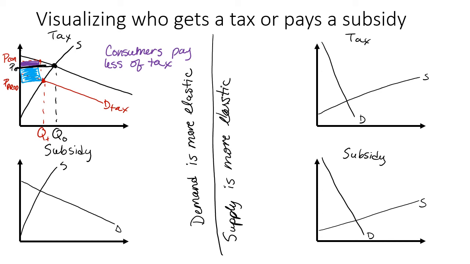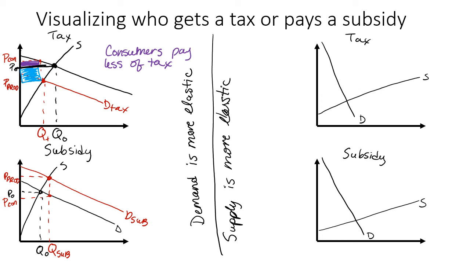Now let's see what happens if instead we were to look at a subsidy. So subsidy would make our demand curve increase like this. Our initial equilibrium was here. Our new equilibrium is here. And we'll need to look at both of those points. So that bottom point is only on the demand curve, so that is the consumer price, and that top point is on the supply curve, so that is the producer price.